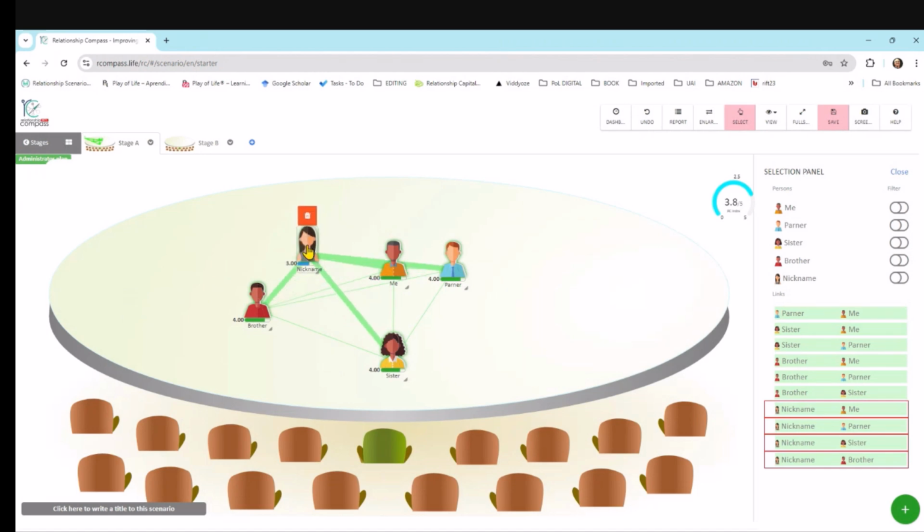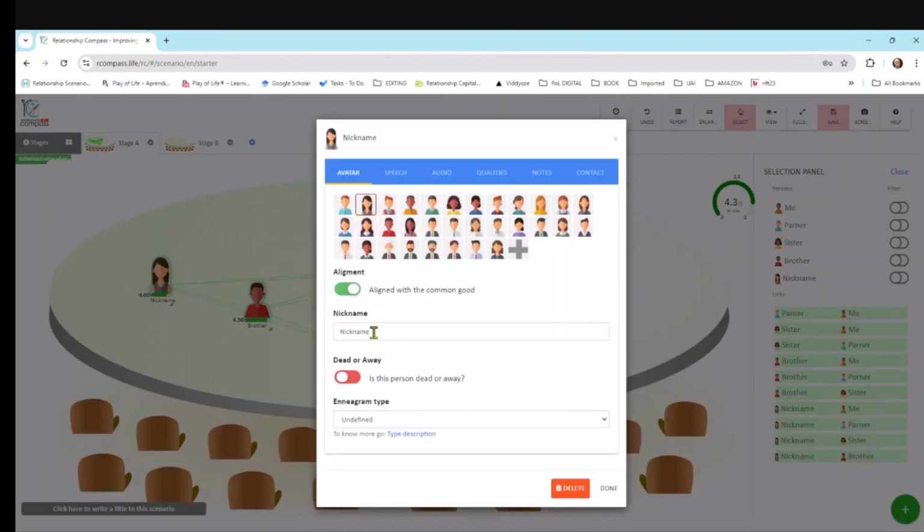No, more towards the left of the brother. Yeah, just a bit up. You got to go up. Bit more, bit more. Yes. Yeah. How do we call her? Sister two? Yeah. Sister two. Okay.